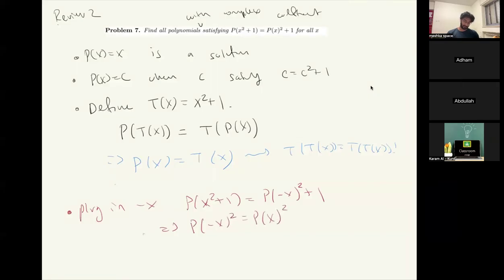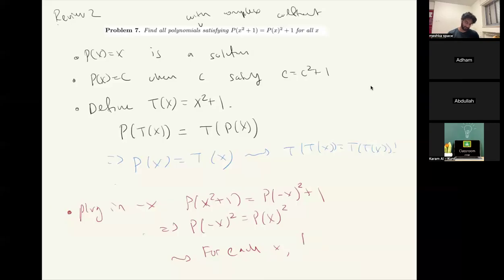So you're right, but we still need to give an argument, right? It's not obvious. What it means is that for each x, the absolute value of P of negative x is equal to the absolute value of P of x. So they have the same absolute value, but let's write it explicitly.